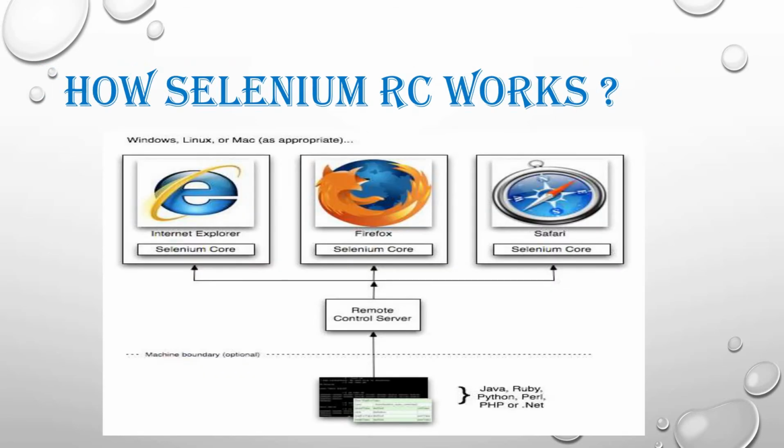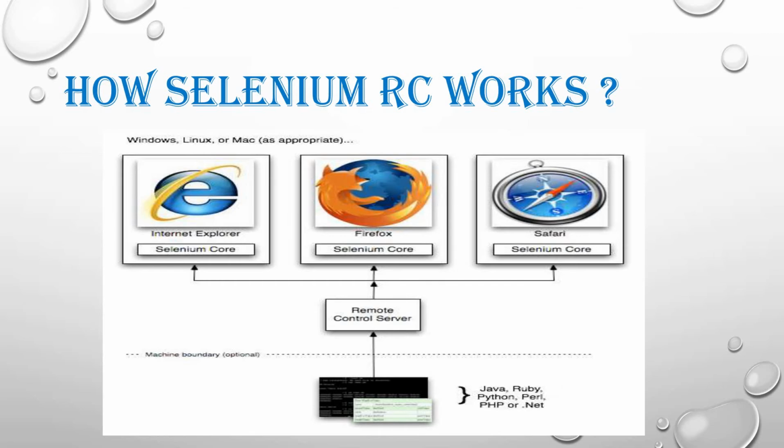This is the architecture of Selenium RC, how Selenium RC works. If you can see in this image, initially we have our code that was designed in different languages like Java, Ruby, Python.